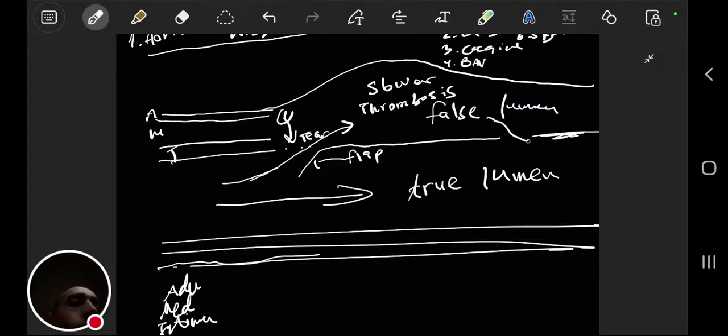What you see here is another tear that lets the blood exit the false lumen. This is like a re-entry tear, because it lets the blood re-enter the true lumen from the false lumen. And it may even obstruct the outflow and lead to even higher pressure in the false lumen.